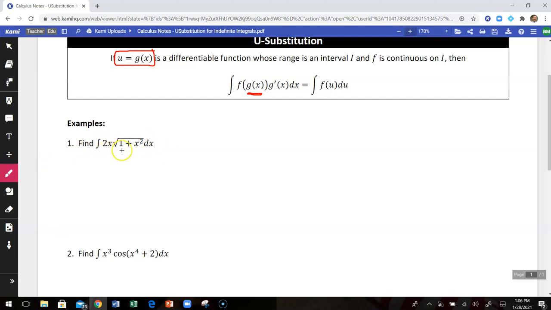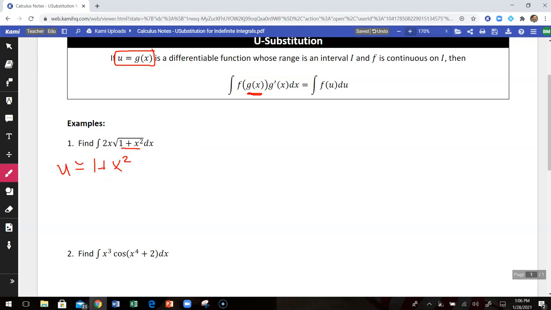So what's actually happening is we have function composition: the function 1 plus x squared plugged into the square root function. I want to get rid of that, so I'm going to let u equal 1 plus x squared.